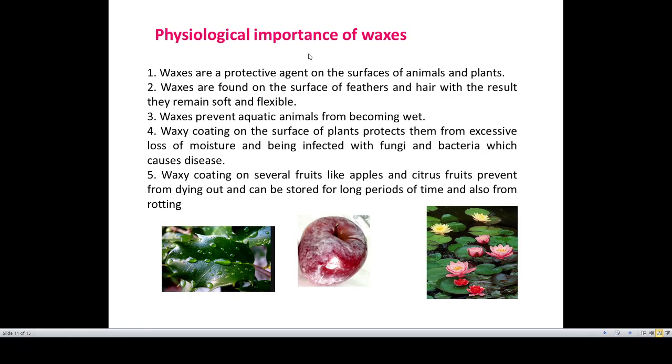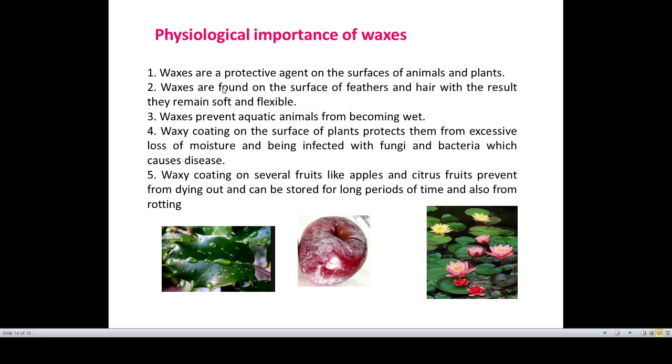Let us just recall a few physiological importances of the waxes. So the main purpose, either in animals or plants, is that it acts as a protective agent on the surface. Thus, it minimizes the attack of pathogenic organisms either in the animals or on the plant.